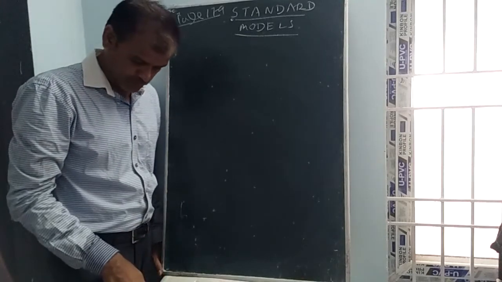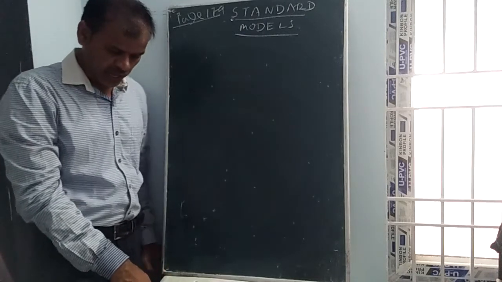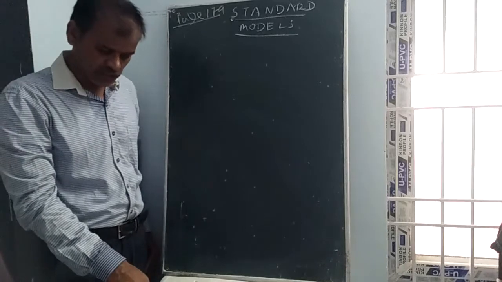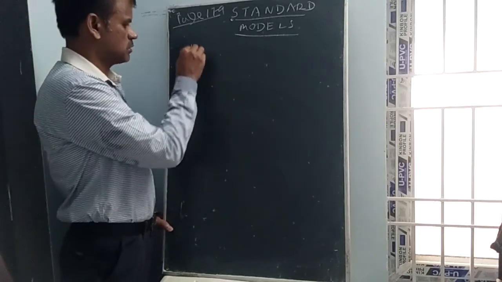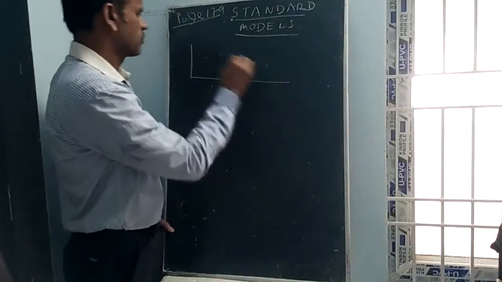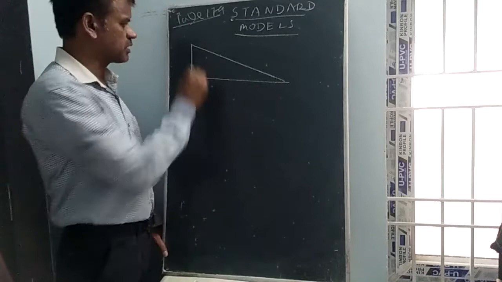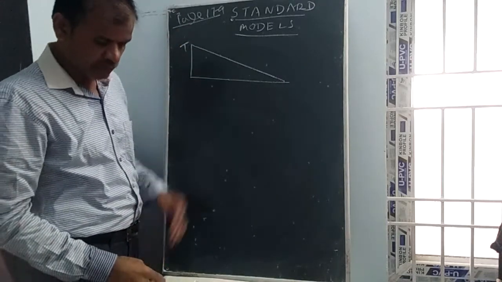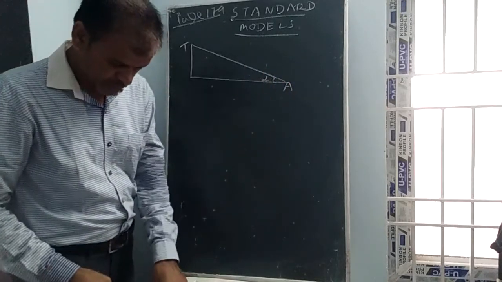Now let us discuss the standard models. First, you read the question. The angle of elevation of the top of a tower standing on a horizontal plane from a point A is alpha.